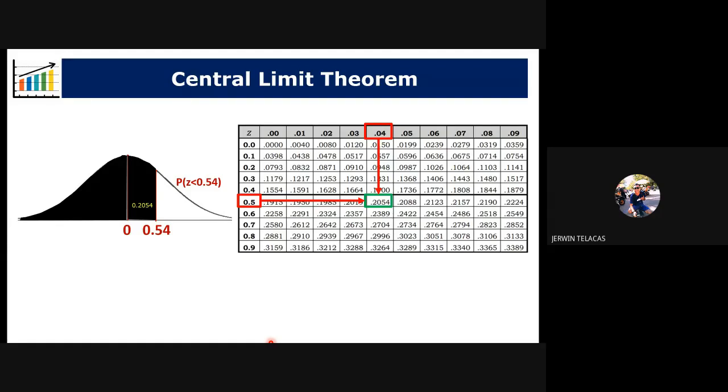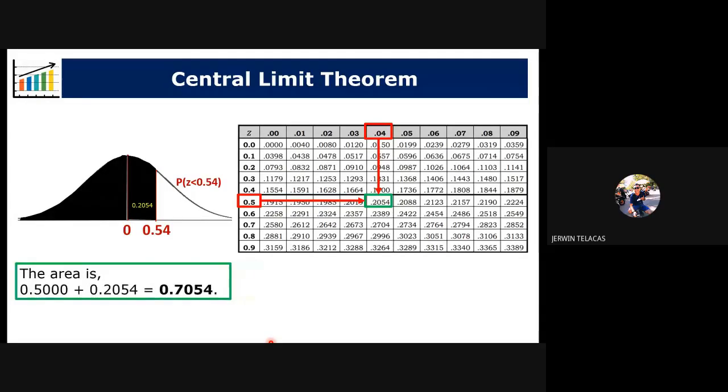Or anyone from the group? Add 0.5. Okay, very good, Vladimir. So in this case, para makuha natin yung area nito, we have 0.5 plus 0.2054. And of course, the sum is 0.7054. So ito na yung area ng buong shaded region na to.